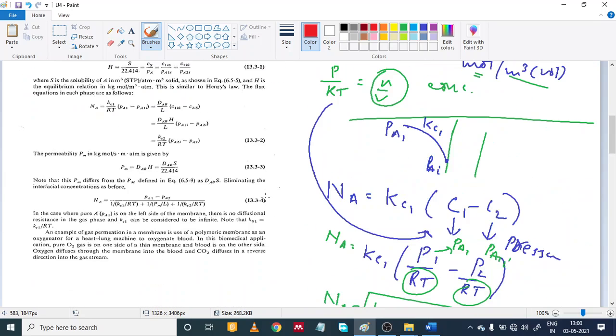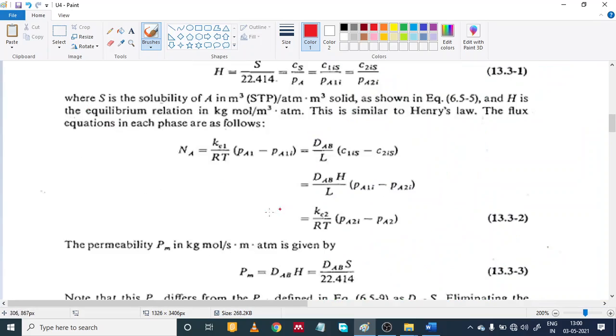So we can write here, if you see, this Na is equal to Kc1 upon RT, PA1 upon PA. So this is at phase 1, and this will be very much the same, DAB upon L, and the concentration difference. This is the second, and that is equal to, we will discuss how we can get here K2 upon RT.